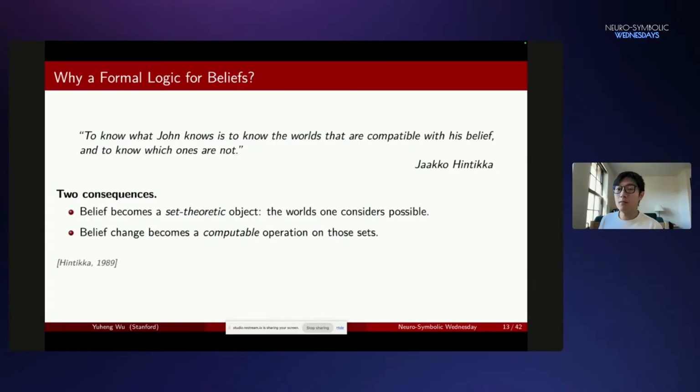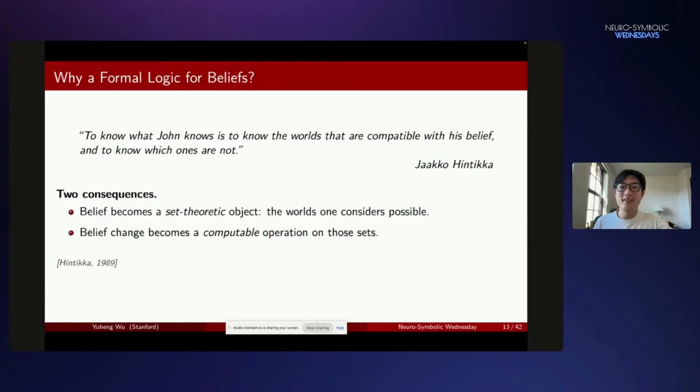Now belief becomes a kind of set theoretic object, and the belief is the worlds considered possible, right? And belief can change. Belief change becomes a computable operation on these sets. So now we need to introduce these concepts: worlds, belief.